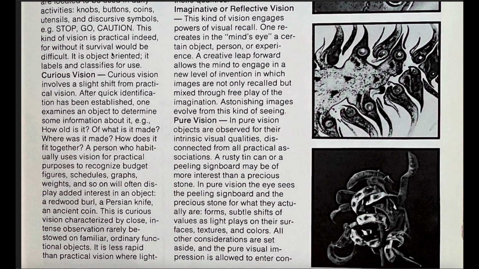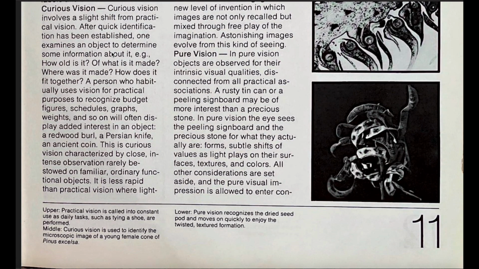Okay. Then we have pure vision. Pure vision is something that we have to practice. It's something that we need to be intentional with. Pure vision is the vision where objects are observed for their intrinsic visual qualities. Just their visual qualities. It's completely disconnected from all practical associations.